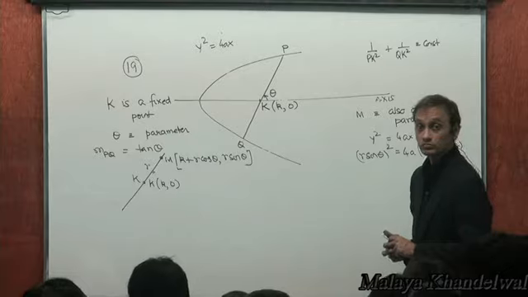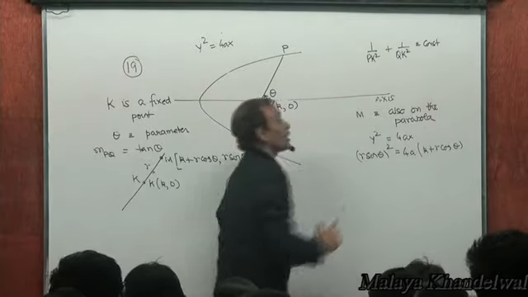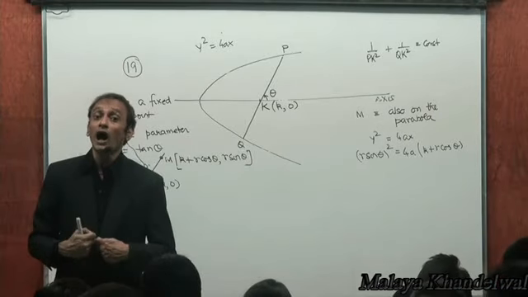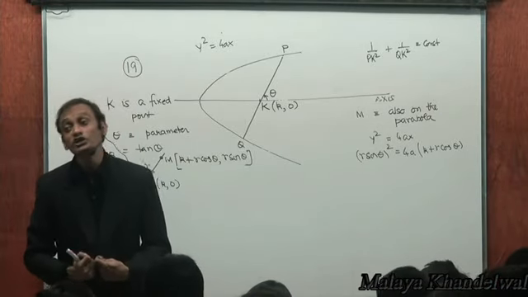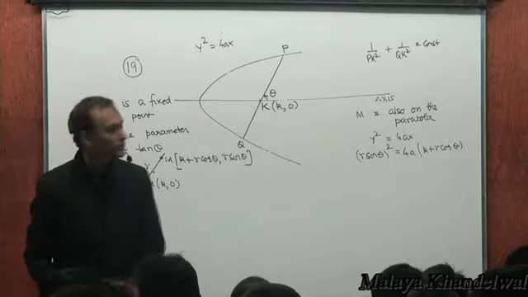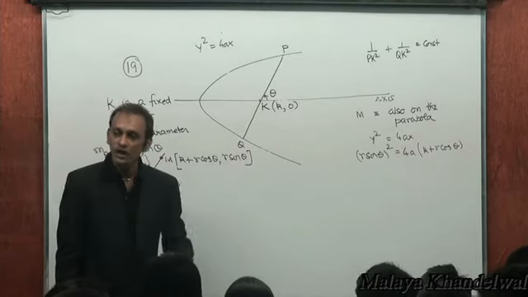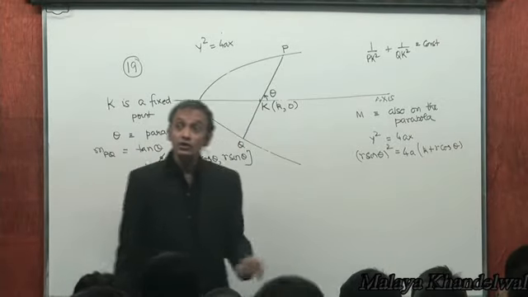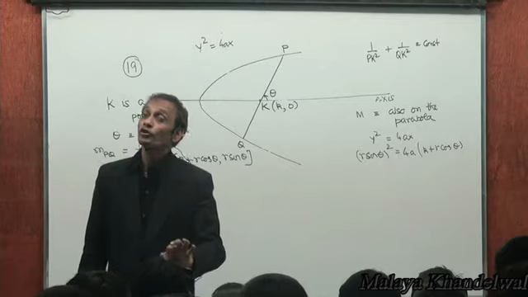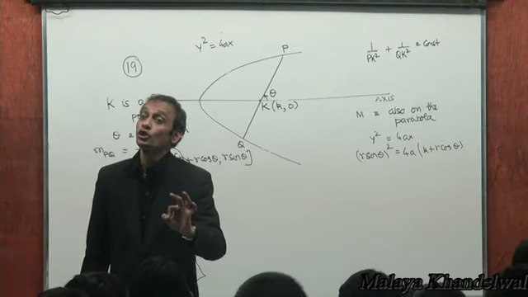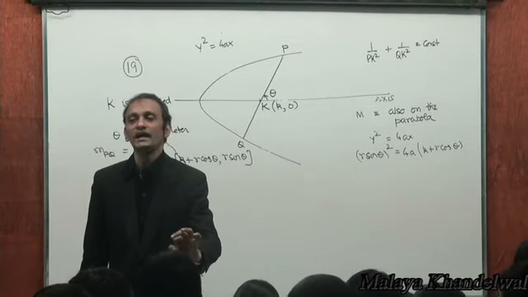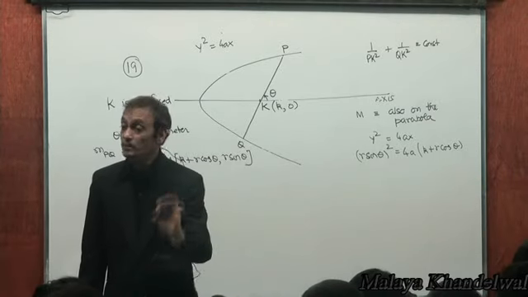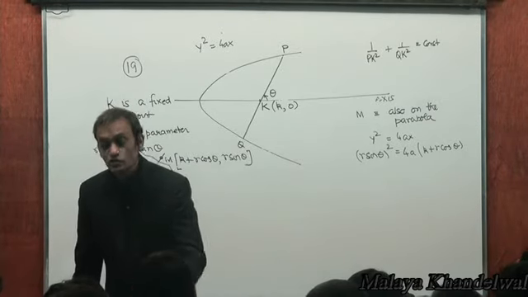When you solve for r, you would get the r of the points of intersection between the line and the parabola, because M lies on the line as well as on the parabola.